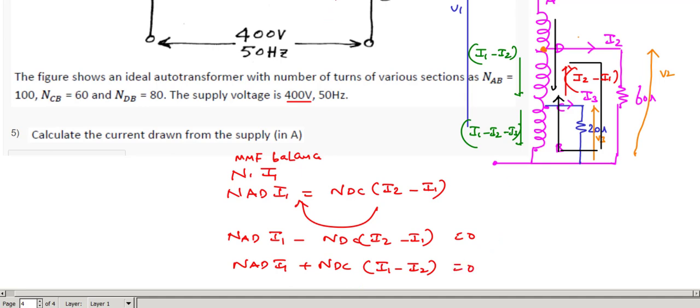So I am applying MMF balance to this: current into NAD plus current into NDC plus current into NBC equal to 0.